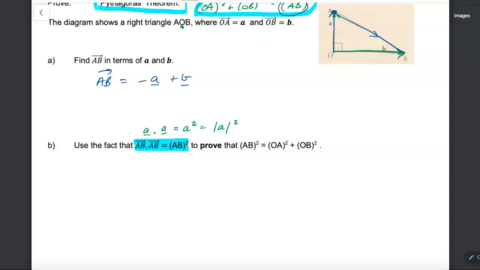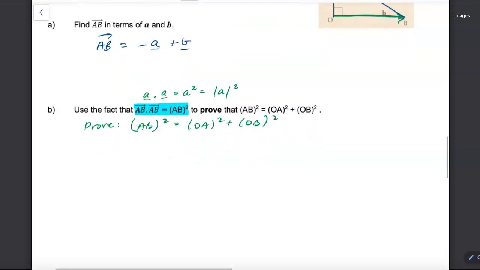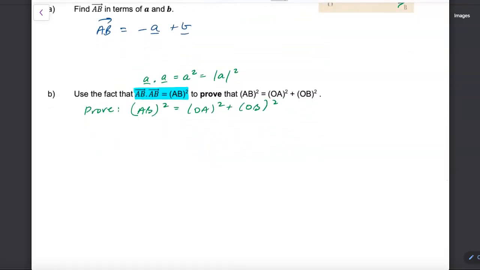So let's start with that. We want to prove that AB squared is equal to OA squared plus OB squared. Okay, so let's start with the left side. This is going to be AB dot product with AB.